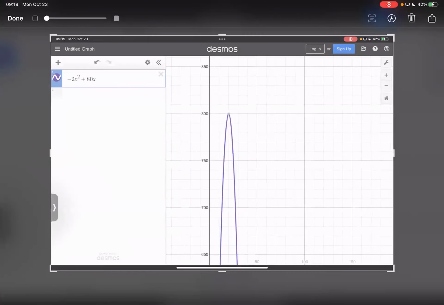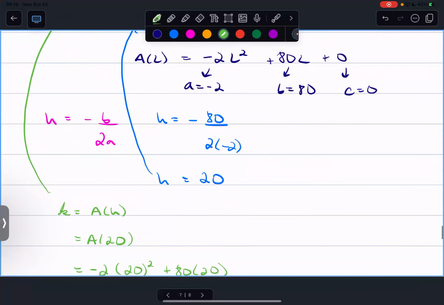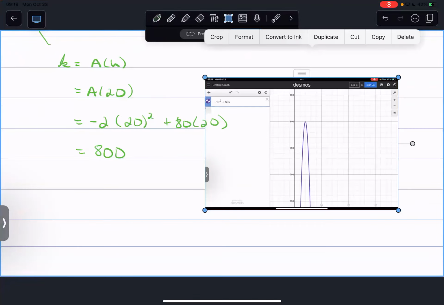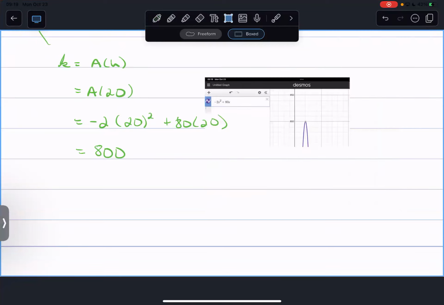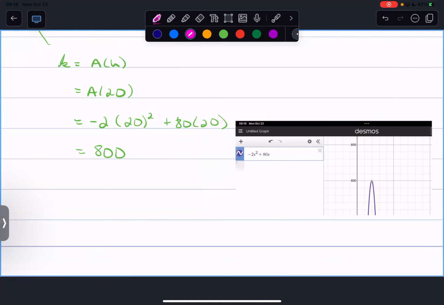Wow, we did it. The vertex is at 20, 800. So the area is maximized at a length of 20, and the area would be 800.